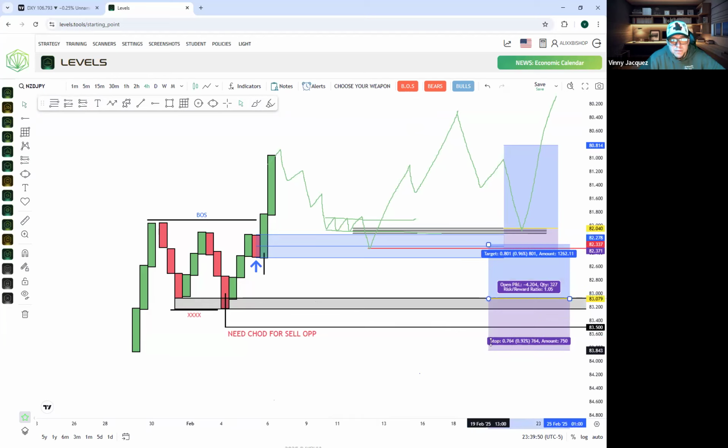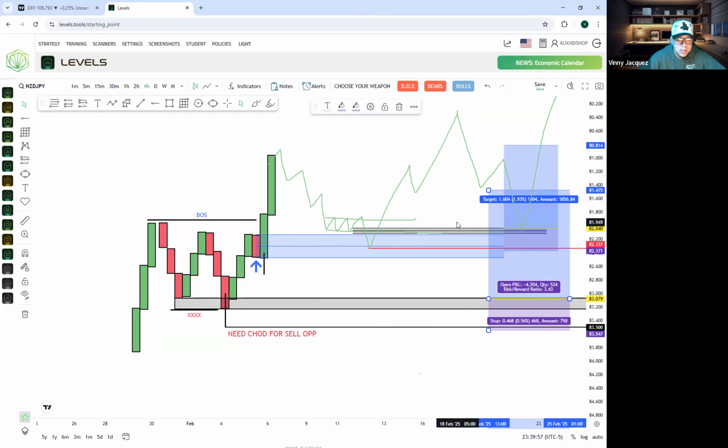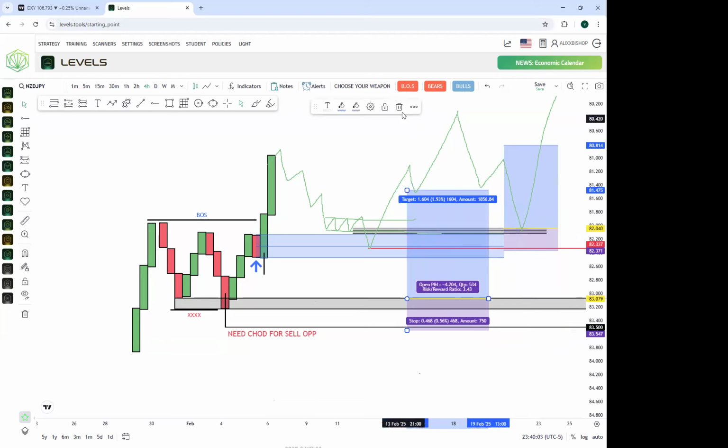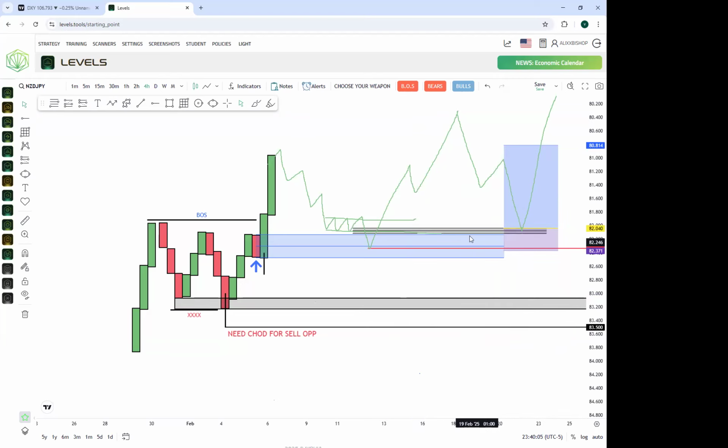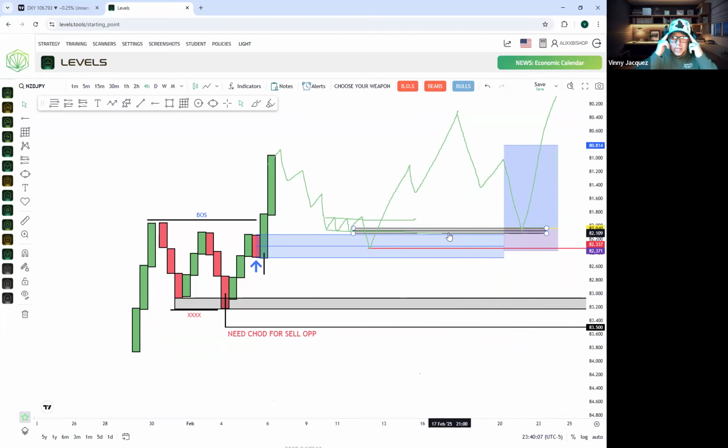So I still have to trust my risk to reward on that, with the minimum 1-3, and as a vet, you can continue with your 1-6, 1-7 if you understand how. Does that make sense, Juan? Yes, sir. So the same rules apply with your risk to reward, understanding you may take a loss here for the zone that we originally wanted.